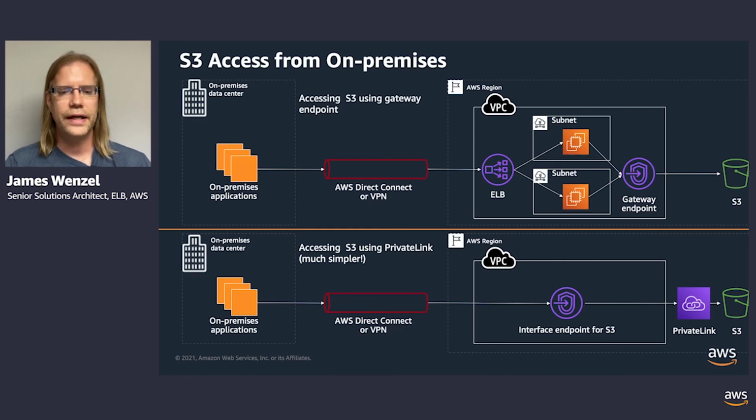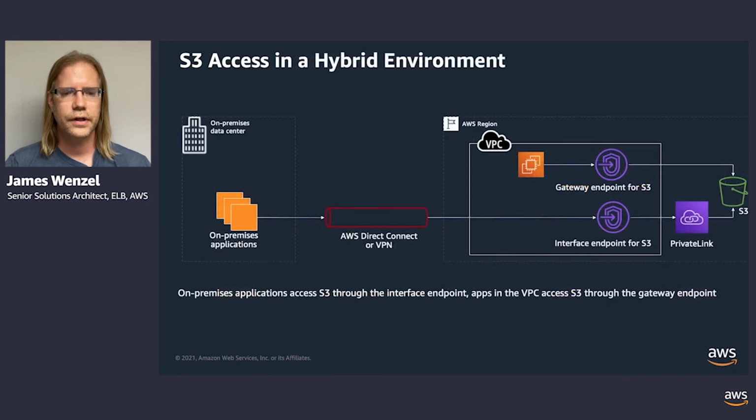Now, just because we've enabled PrivateLink endpoints doesn't mean that you can't use both the gateway endpoint and the PrivateLink endpoint to gain access to your infrastructure. In this example, you can use your local access in your VPC through the gateway endpoint, taking advantage of all of the security and speed there, as well as take advantage of the interface endpoint for S3 over the Direct Connect VPN.